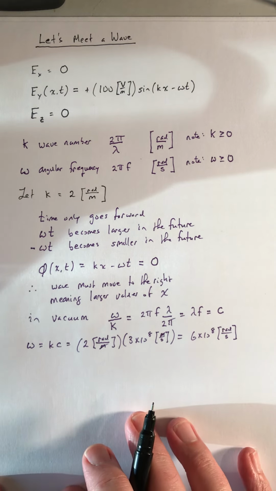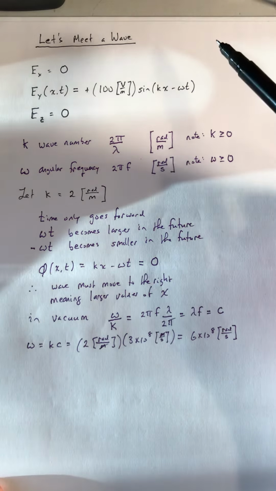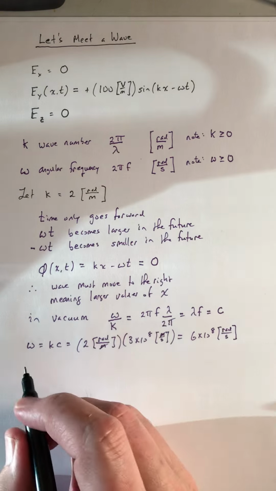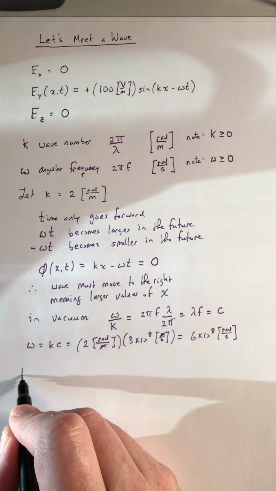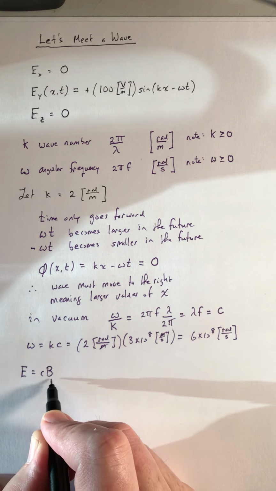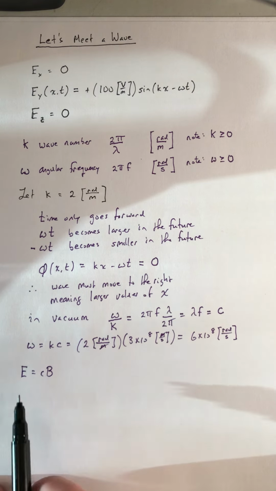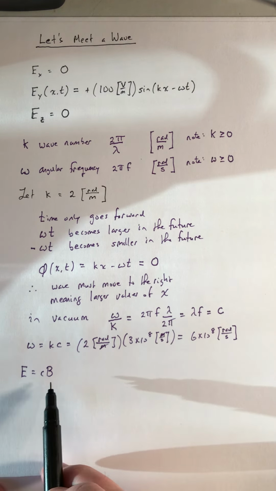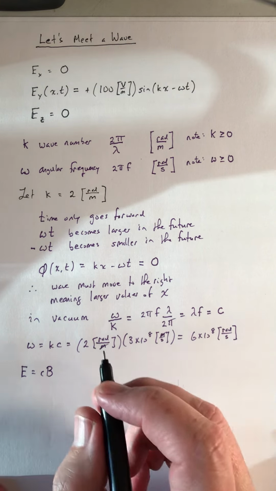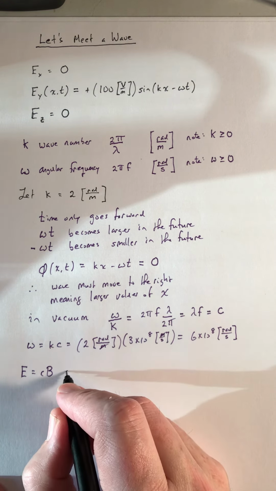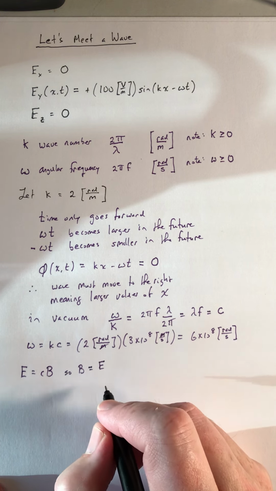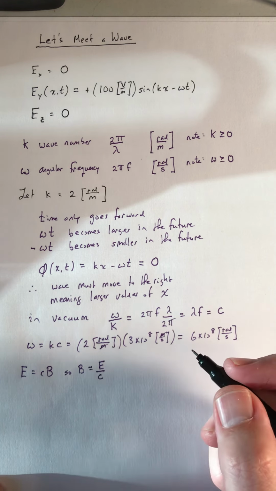All right, the next thing we need to find is what is the magnetic field that goes along with this electric field. So we're going to do that in a couple parts. The first is just working out the magnitude of the magnetic field. We know that anywhere in an electromagnetic wave, E and B, their values are coupled together as E is equal to c times B, or E is c times bigger than B. So to find magnetic field strength, we take our 100 volts per meter and divide by the speed of light.